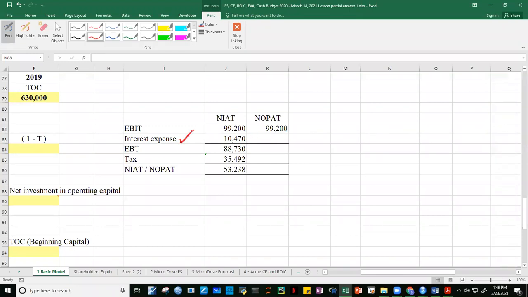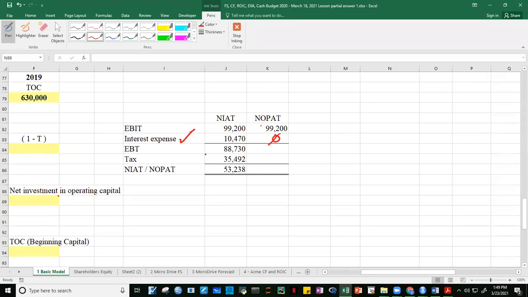So, this interest expense, guys, is not controlled by operations. If I was in operations and we will be assessed by how we performed, since this is not a controllable expense and we have nothing to do with it, it should be zeroed out. So this is now the difference between your NOPAT and your NIAT. In net income after tax, we consider interest expense. In net operating profit after tax, logically, we will not be held responsible for the interest expense.